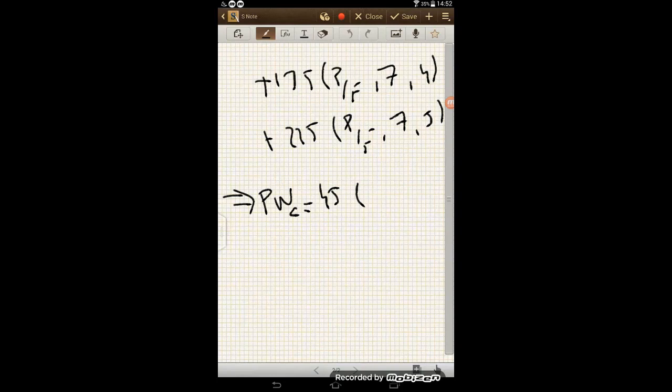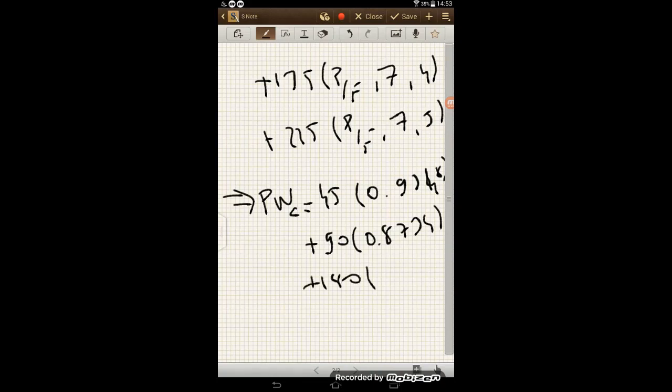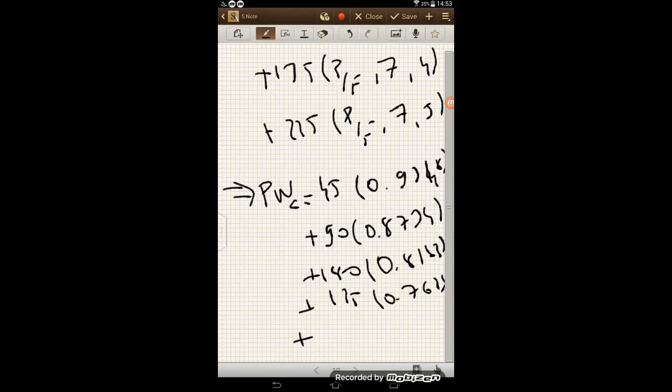P over F for the first year is 0.9346, plus the second year is 90 multiplied by 0.8734, plus 180 for the third year times 0.8163, plus 135 for the fourth year times 0.7629, plus the last one, 225 multiplied by 0.7130.